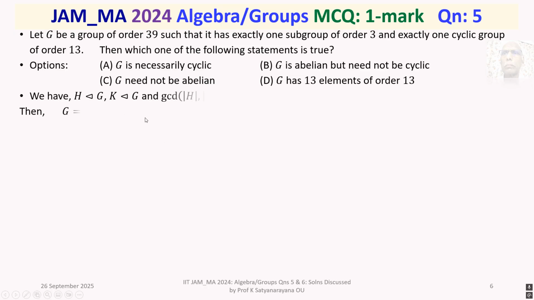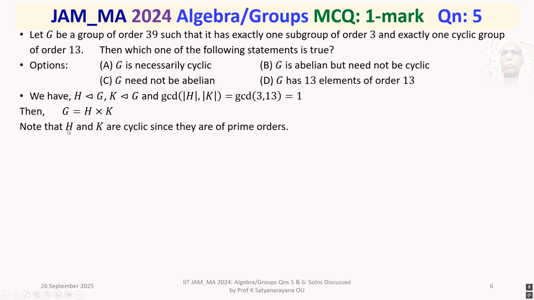And we have seen G is H cross K, the direct product of two subgroups, H and K. And note that H is cyclic. Why? H is of order 3. 3 is prime. Every group of prime order is cyclic. K is also cyclic.